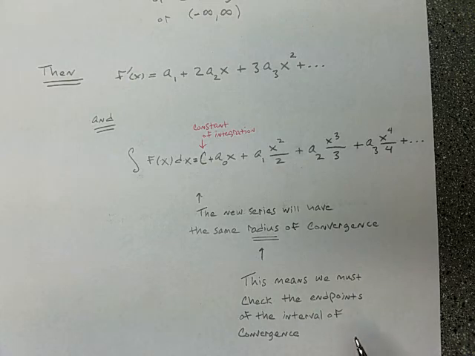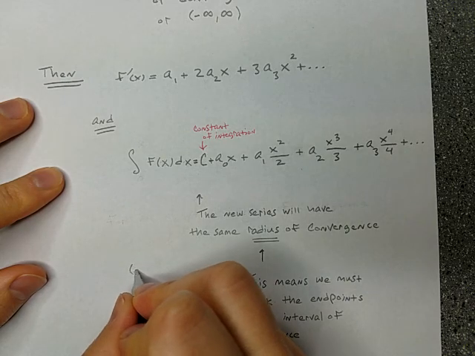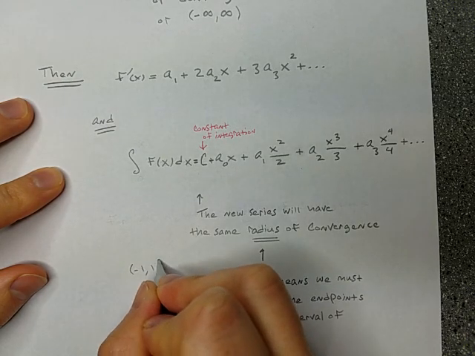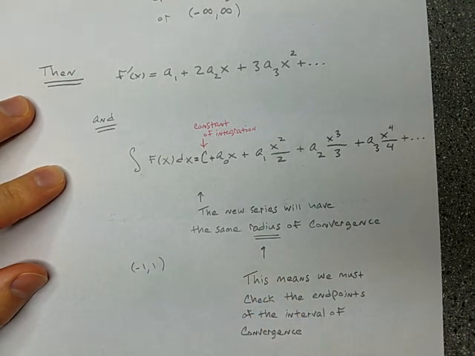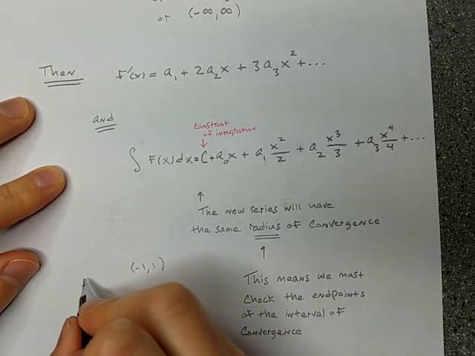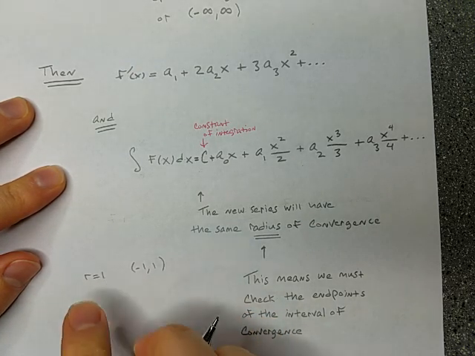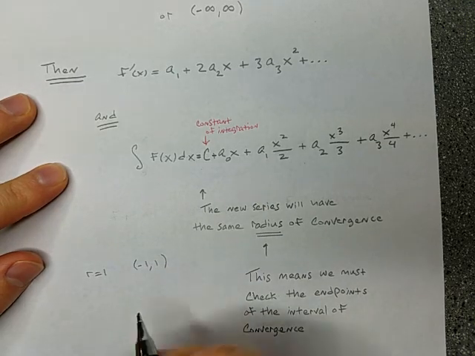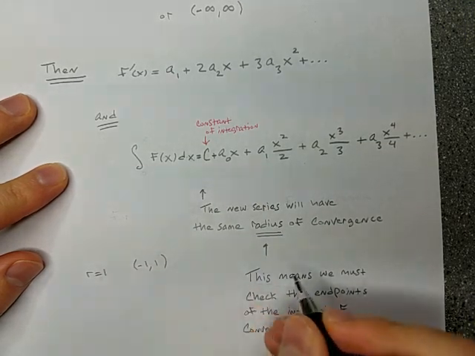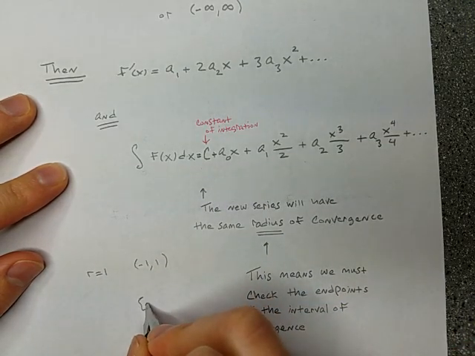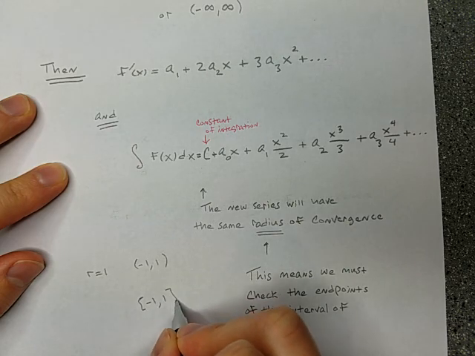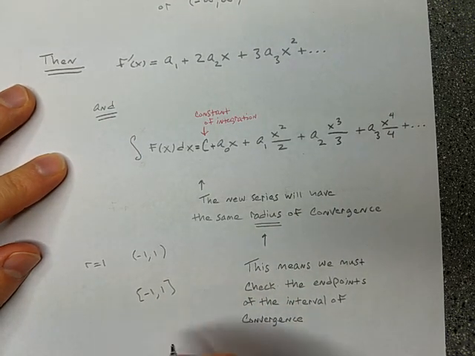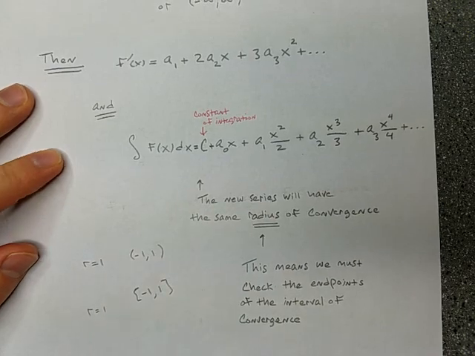So that means, say for example, -1 to 1 is the interval of convergence. The radius of convergence is 1 on that interval. And say I have this by contrast, -1 to 1 with brackets, where I'm including the endpoints. The radius of convergence is still 1.